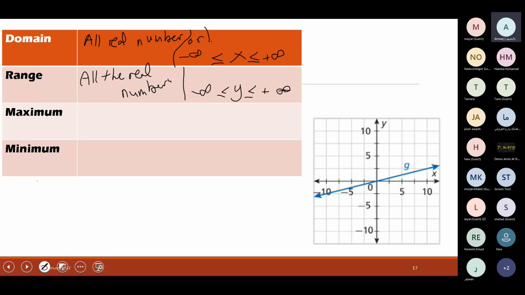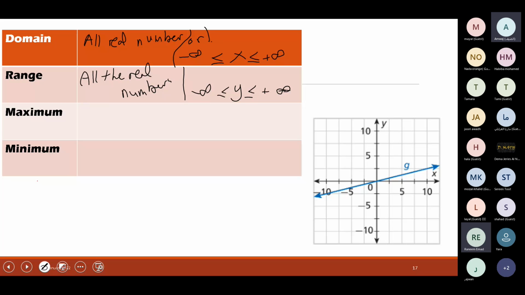Ranim, what is the maximum value here? Positive infinity. What do you mean by infinity? It means we don't know where it stops.